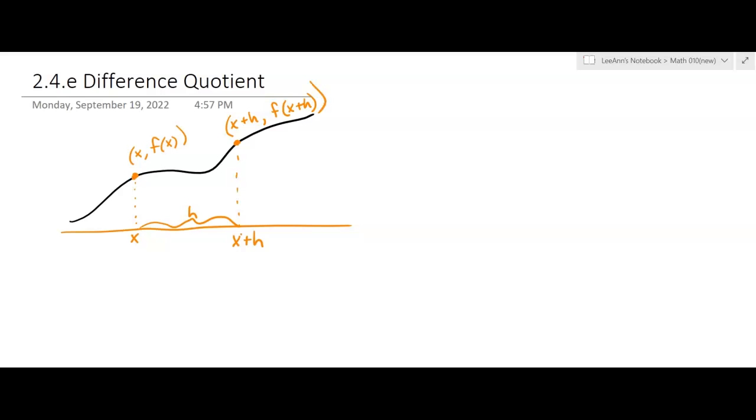And so when you go to do the average rate of change for the secant line, so the secant line's like right here, and you're trying to figure out that slope.